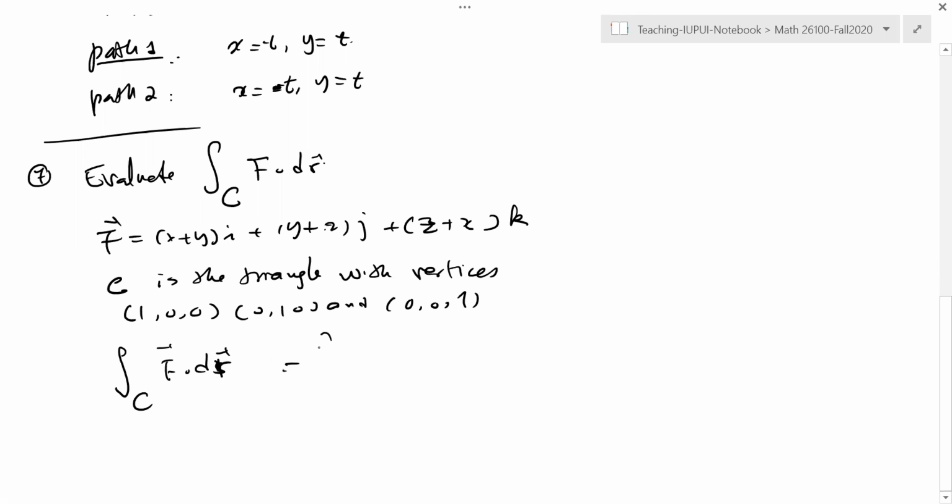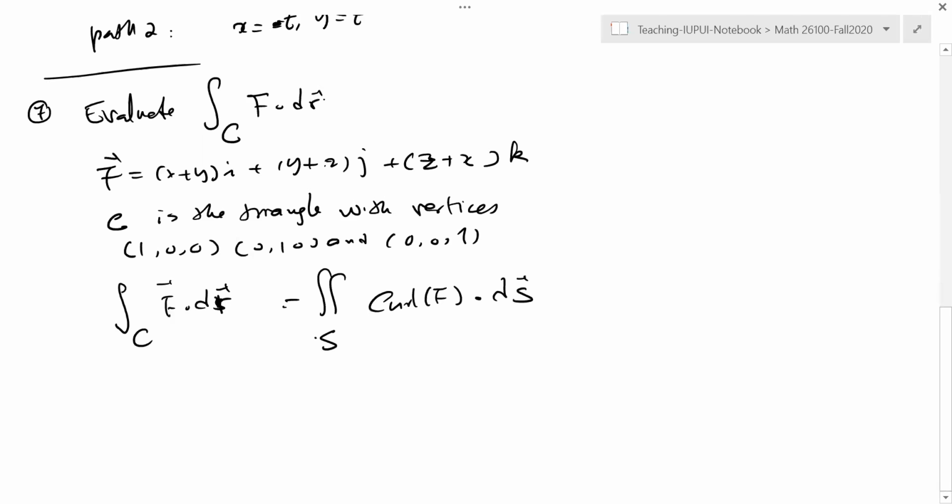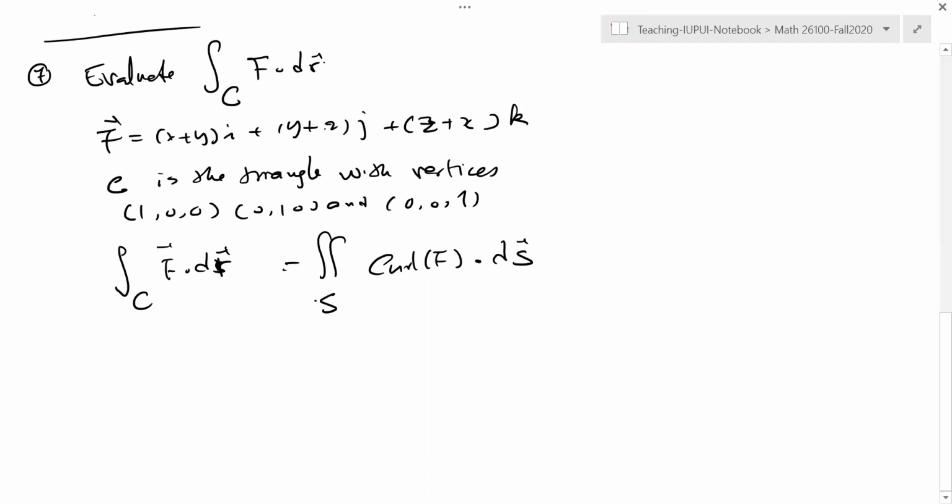This is the surface integral of the curl of the vector field times dS. Even if you are only halfway done, for example you found the curl of the vector field and dS but don't have time to finish, you still get partial credit. Otherwise, we don't know what you're doing here.